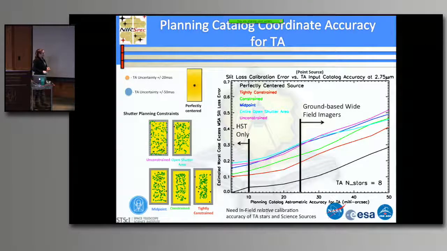Of course, AO-fed instruments can get exquisite in-field astrometric accuracy for very small regions, but the calibration of the wider fields, with multi-conjugate imagers, is not yet quite where we need it compared to HST.